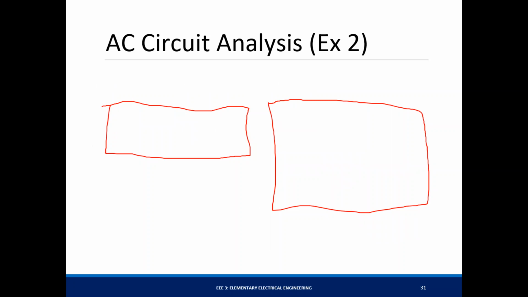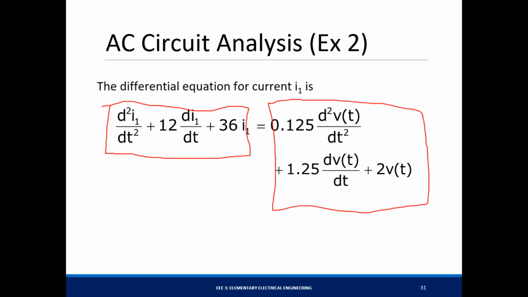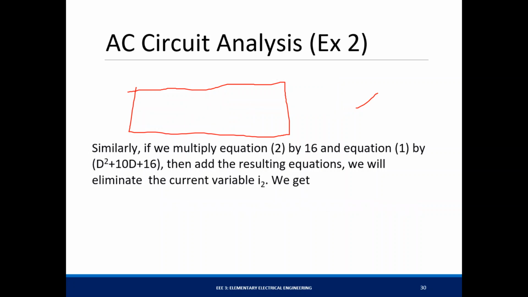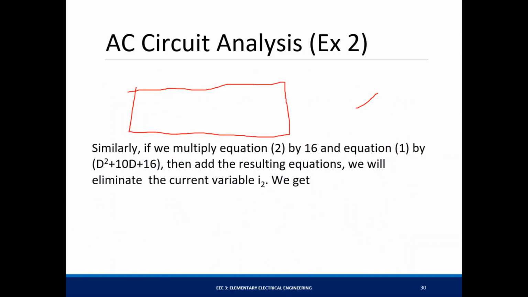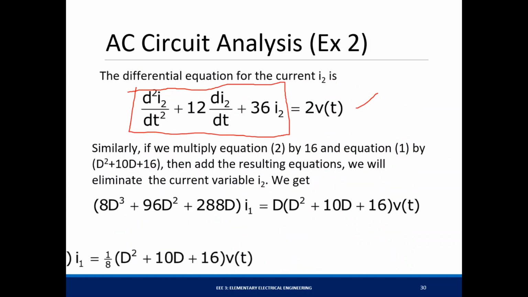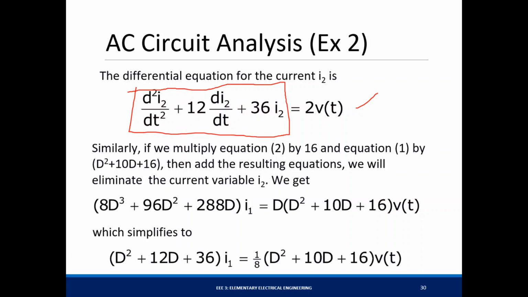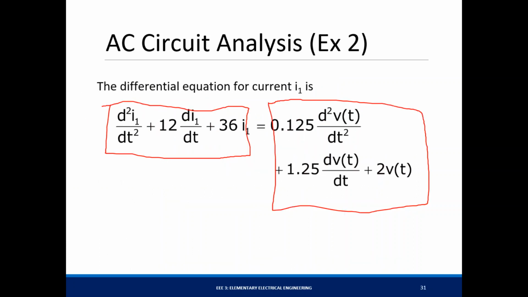Since this is the same for each variable in the circuit right here, we call this the characteristic equation of your circuit. The same coefficients, same derivatives, and so on, we call the characteristic equation.